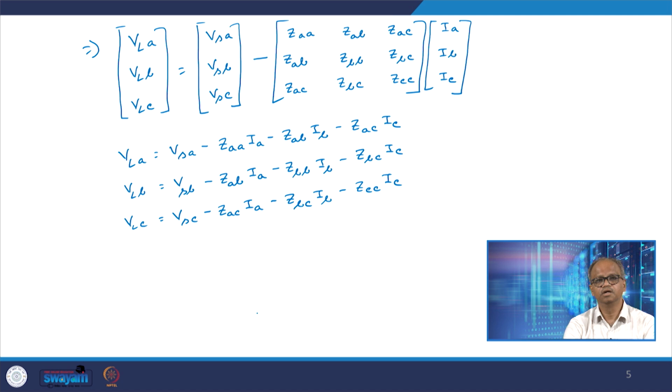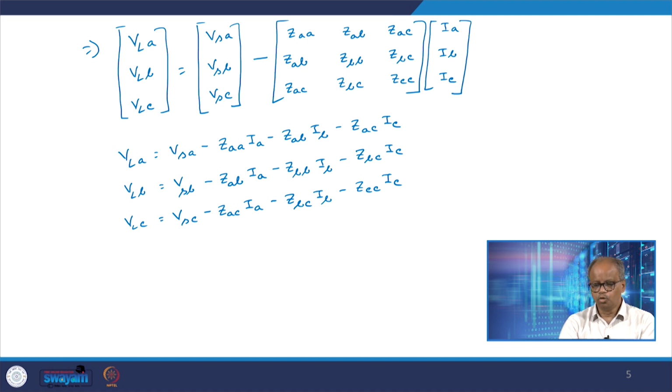So, in general, even if I have a balanced source and a balanced load, because of the effect of the transmission line impedance, the load voltage will still be unbalanced.